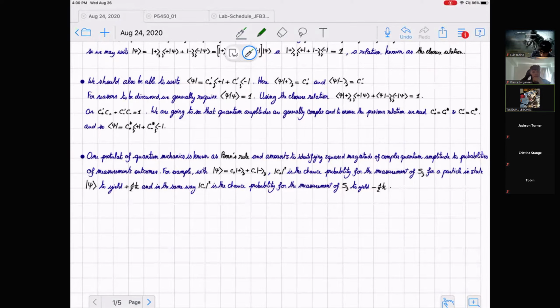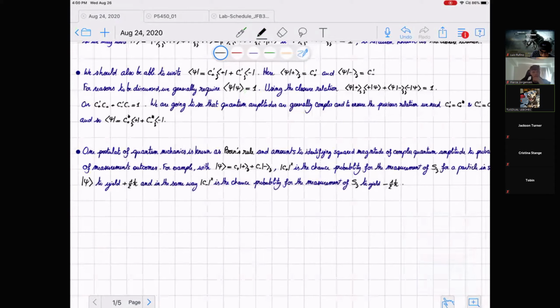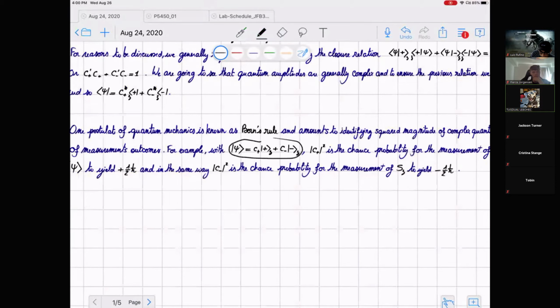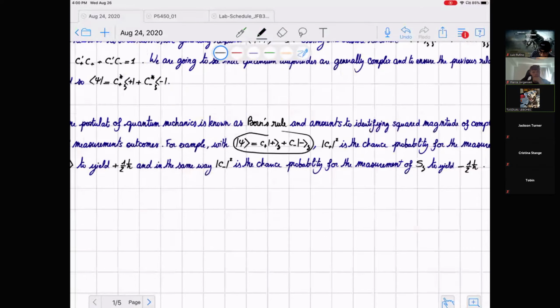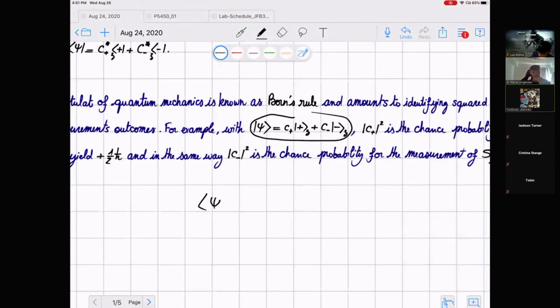So for example, we can even write, I don't like green as a color to write. Black. You see, using this expression, we can write the bracket of psi with psi.